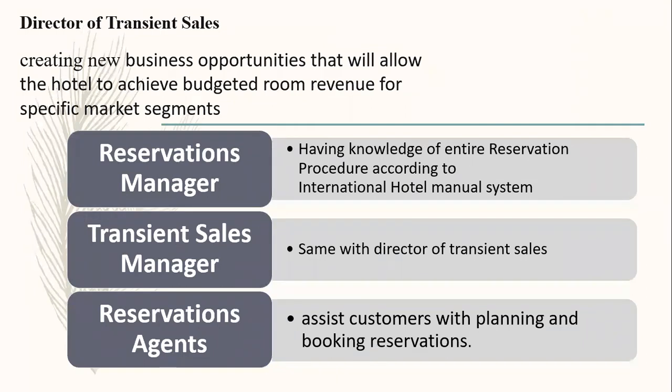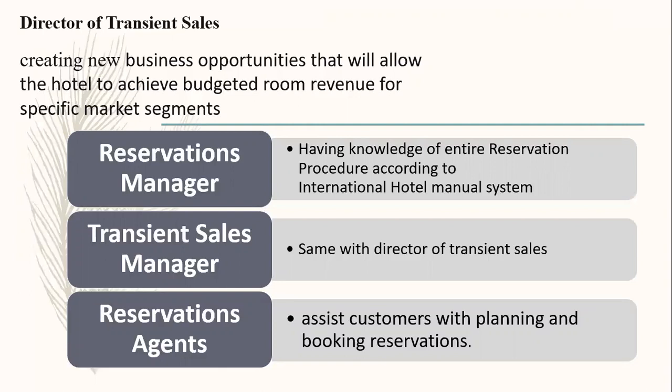And the next is director of transient sales. It is creating new business opportunities that will allow the hotel to achieve budget room revenue for specific market segments. There are three parts under this director. The first one is reservation manager, who has knowledge of the entire reservation procedure according to the International Hotel Manual System.